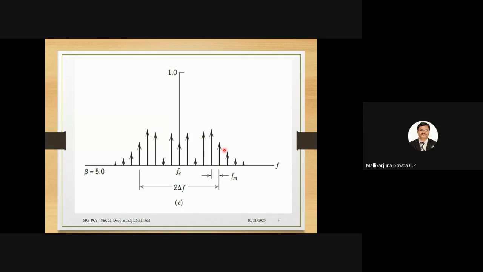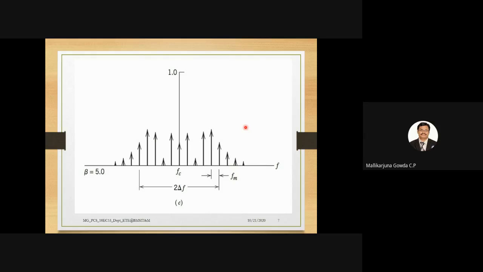So what we are finding is, as the value of beta increases, look at this: the sidebands' magnitude is decreasing, right? Similarly on this side also. Just have a look outside this 2 delta f. We are taking only the significant number of sidebands, where the magnitude matters. So these are 3 cases.